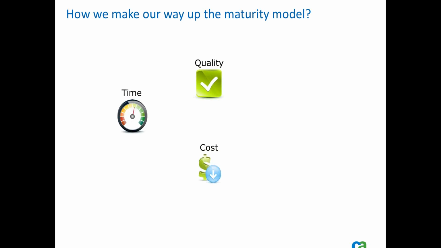So if I want to improve quality, I either need to spend more time or more money. If I decide to do things quicker, then quality will fall or my costs will go up, and so forth. If I want to save money, it's either going to take longer to do things or quality will suffer. So the only way to improve things is to find a better way of doing things and affect one of these and then use that as a lever to affect the others.